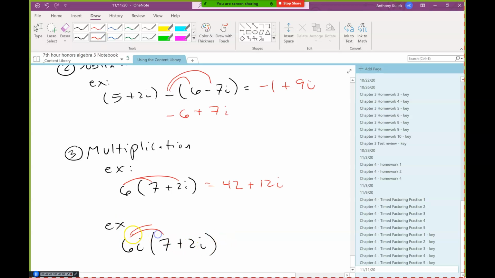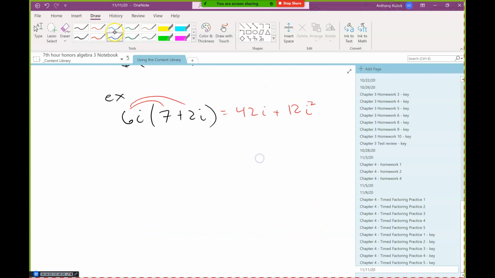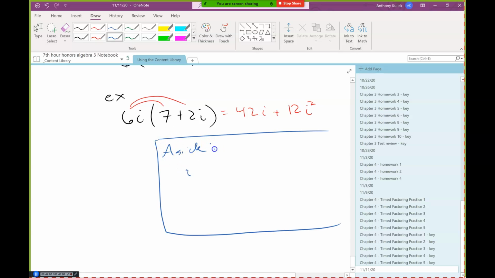Well, same thing. We'll just distribute. So that gives me 42i plus 12i squared. Uh-oh. What the heck does i squared mean? So if i is equal to the square root of -1, if I square both sides of that, I'd have this, right?